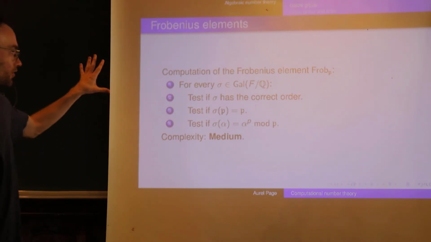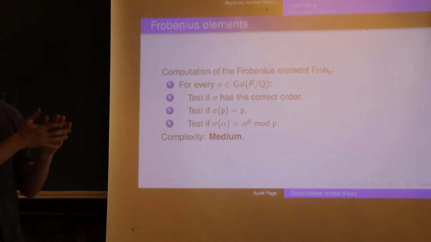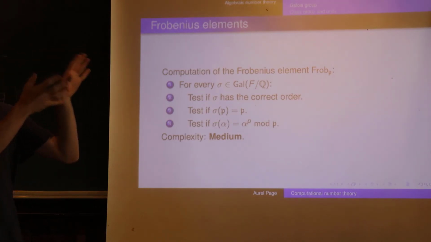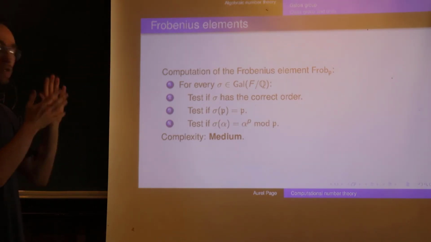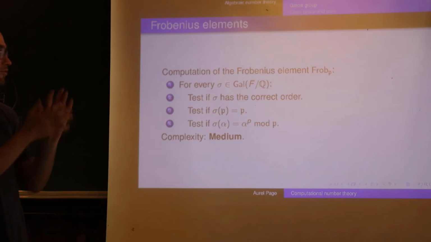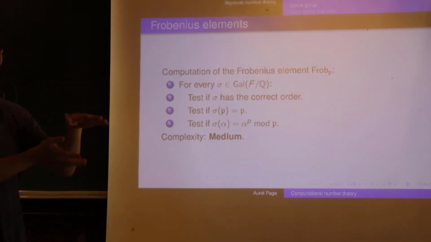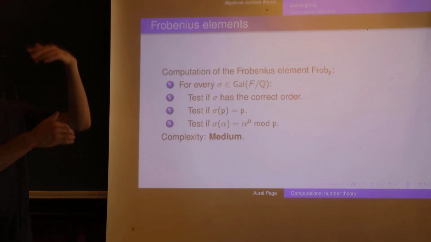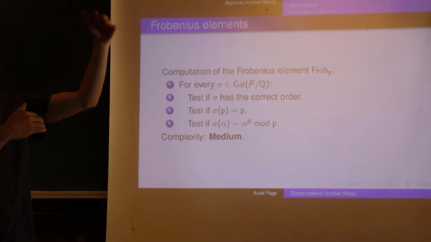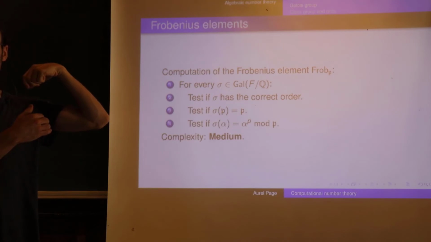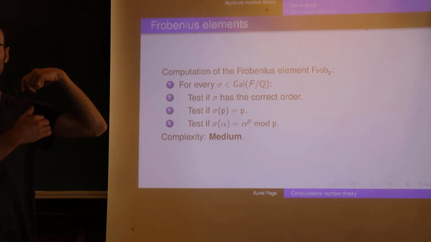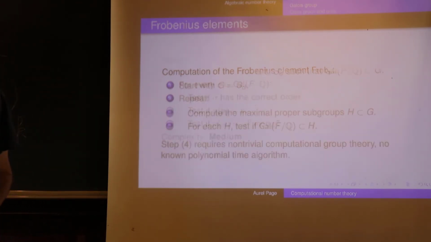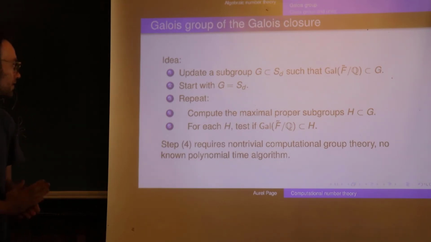Okay, so that was for the first type of problem where the field we are actually starting with is Galois. So now we're going to do the, well, in fact, harder one where we start with a field that is not Galois, and we want to compute the Galois group of the Galois closure without actually computing the Galois closure because it's too large. Okay, so here is the general strategy to do this.